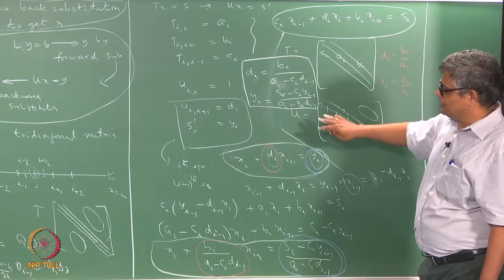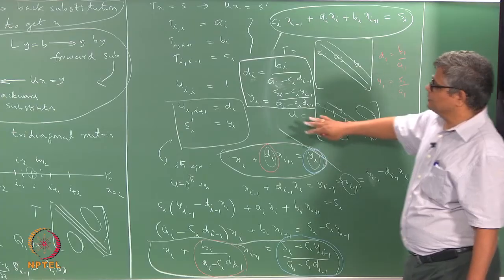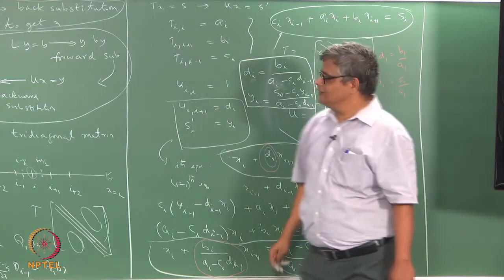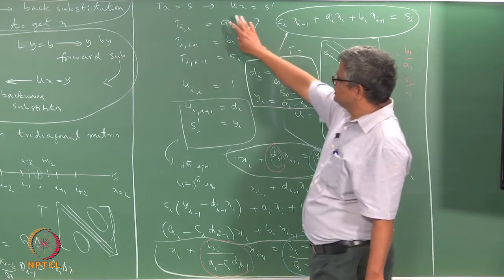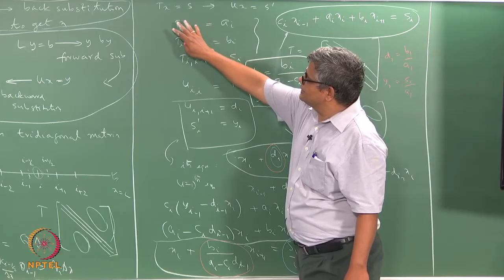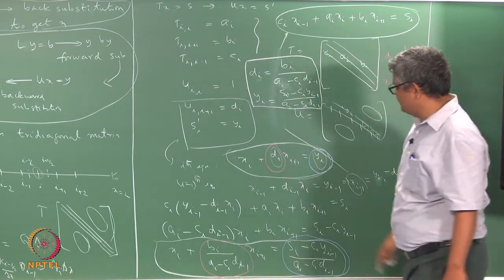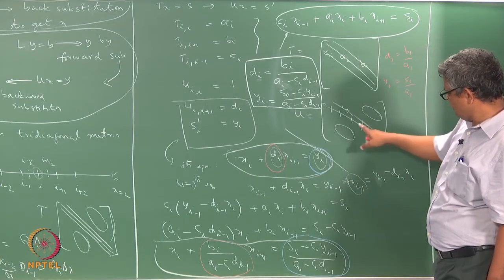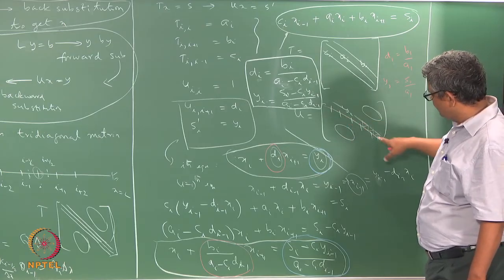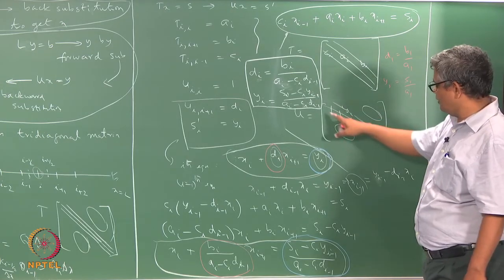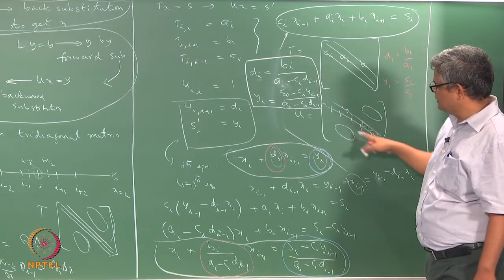So, we will write down the whole algorithm for the solution of Tx equal to S using this tridiagonal matrix algorithm, in which we write Tx equal to S in the form of an upper bidiagonal matrix involving only 2 diagonals, in which we put all these diagonal elements to be 1. Why do we want to put these to be 1?